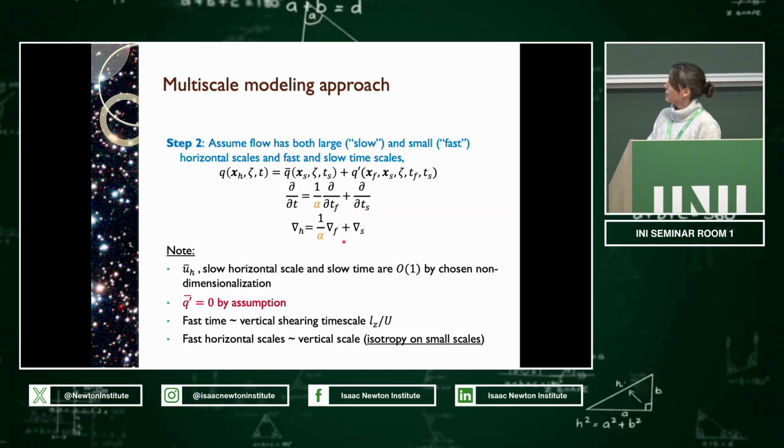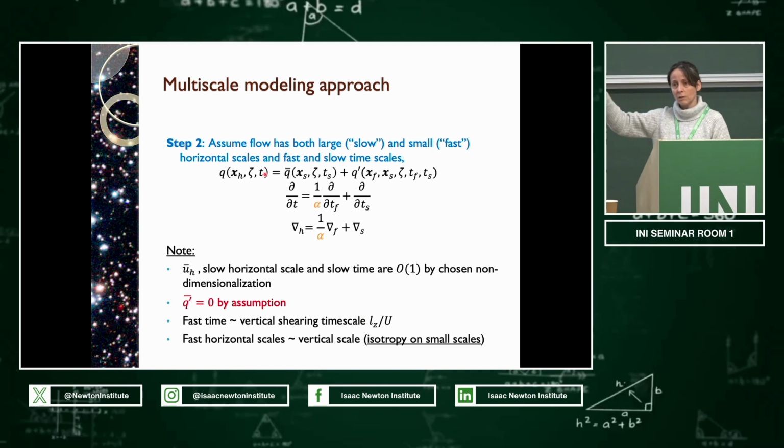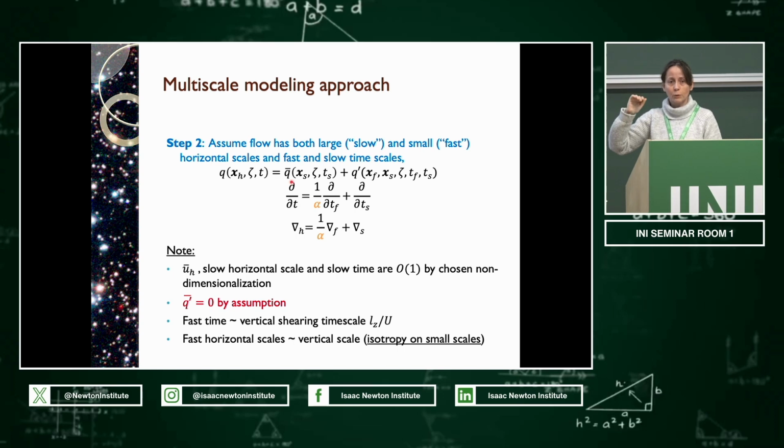But now the assumption is that every single quantity, which is normally just a function of the horizontal coordinate, this rescaled vertical coordinate and time, is going to be split into a Q bar, which is going to represent our slow horizontal scales, and a Q prime, which is going to represent our fast horizontal scales.